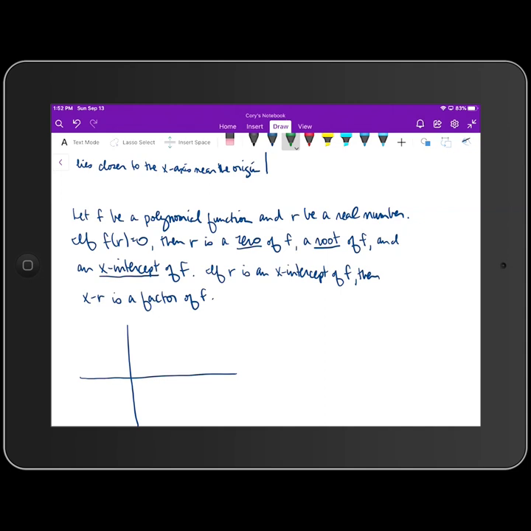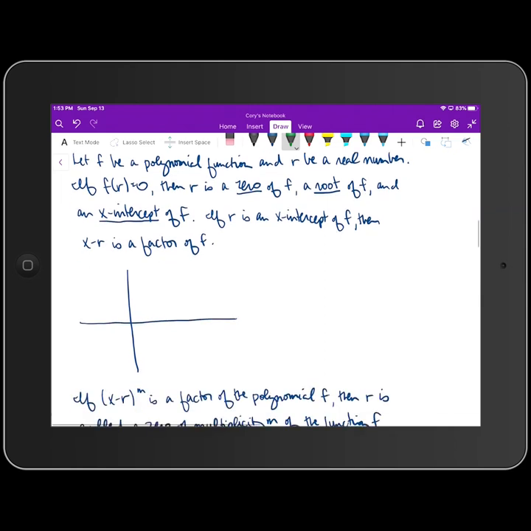Now, when it comes to graphing polynomial functions, if your function has an x-intercept, the graph of your polynomial function can do one of two things at an x-intercept. Let's say our graph has x-intercepts where I've marked in green at those points.